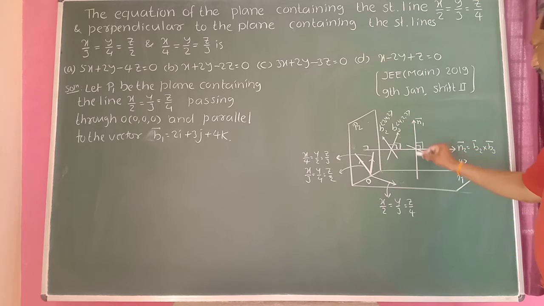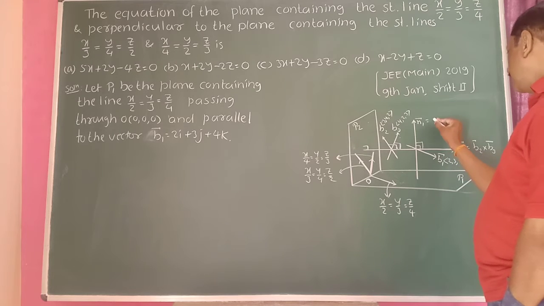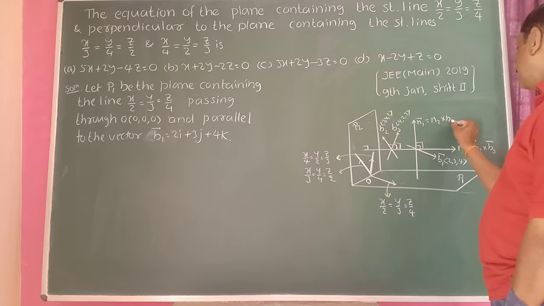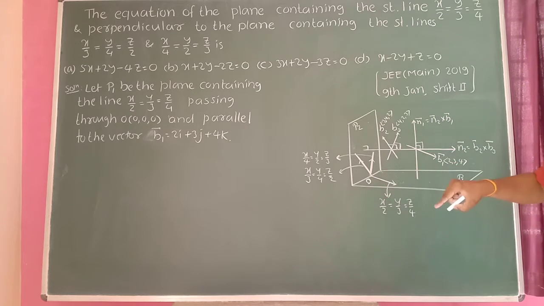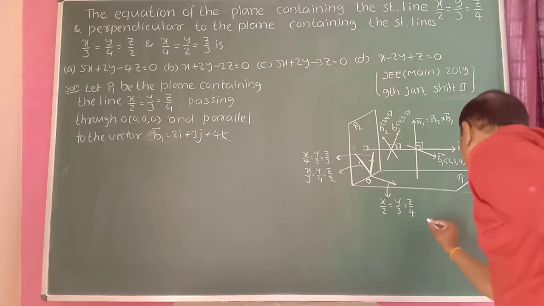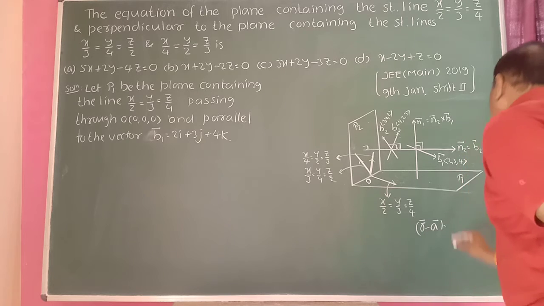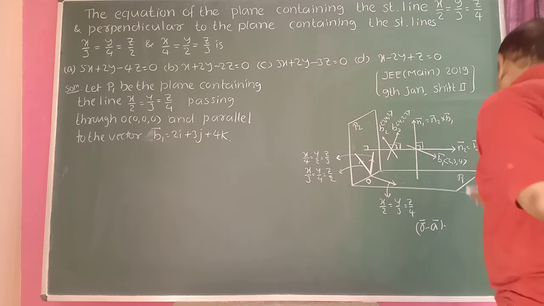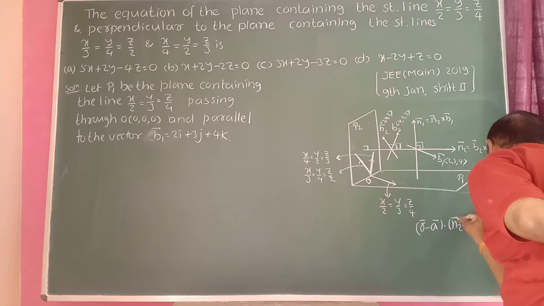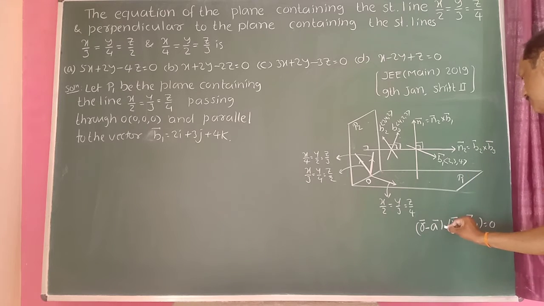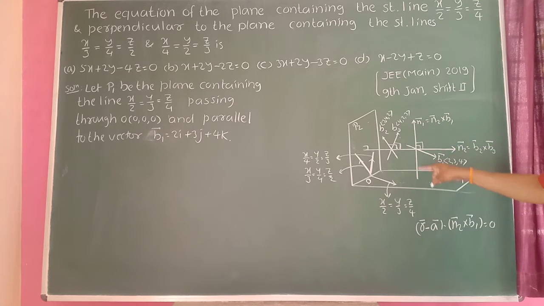First, to find the normal n1 bar. n1 bar is given by n2 cross b1, and this is a plane passing through the origin. Hence you can use the formula: r bar minus a bar dot n2 cross b1 is equal to 0, because this is a normal to this plane.